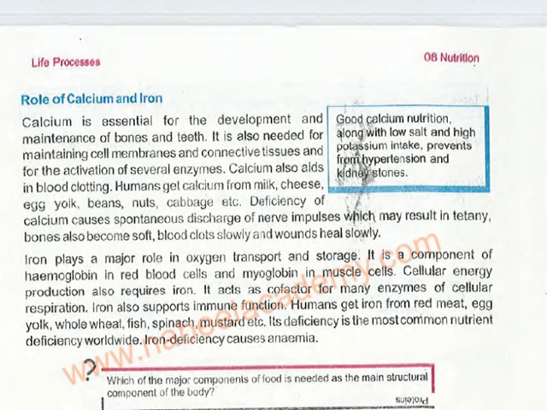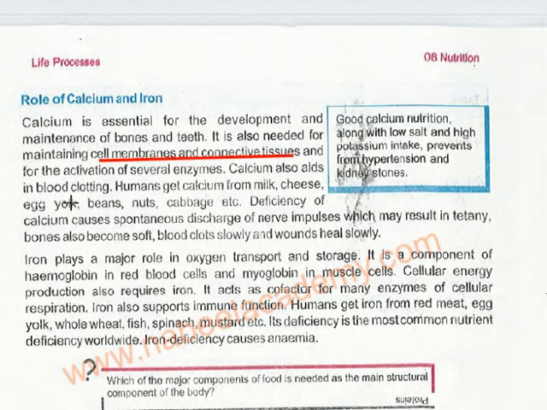Calcium is essential for development and maintenance of bones and health, as we already know, and it maintains the cell membranes and connective tissues. Connective tissues are muscles also, and blood is also a connective tissue.